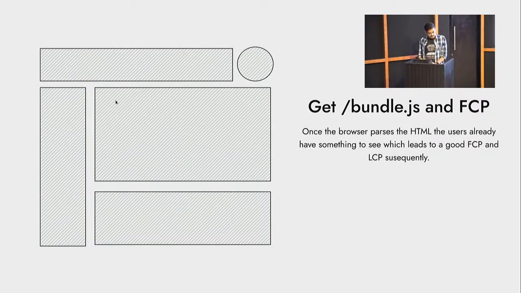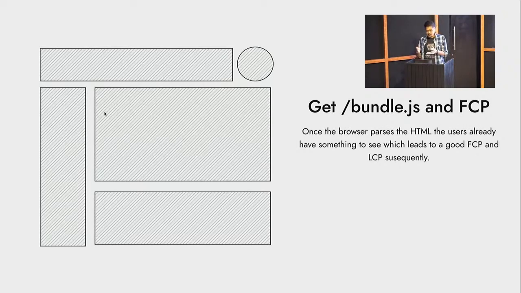The boxes are gray here. The gray part represents that the user cannot start interacting with the app yet, because we don't have the JavaScript. So how it works is, you tell React, hey, this is the HTML that I generated on the server, and here's the JavaScript.